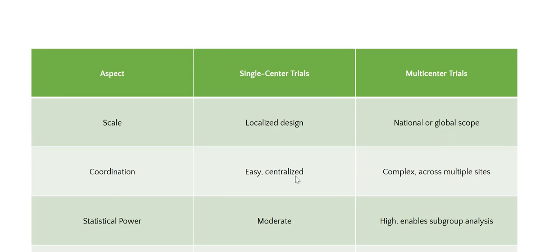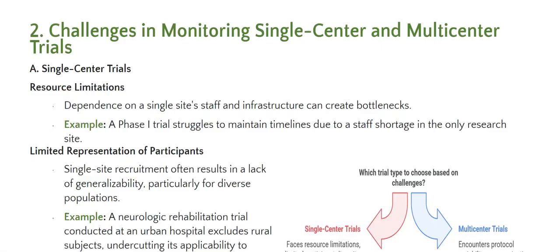Coordination: easy and centralized for single, but for multi-center, complex across multiple sites. Statistical power is moderate for single-center, but for multi-center trials, it's high and enables subgroup analysis. Validity is limited in single-center trials, while in multi-center trials it is broader and more generalizable.